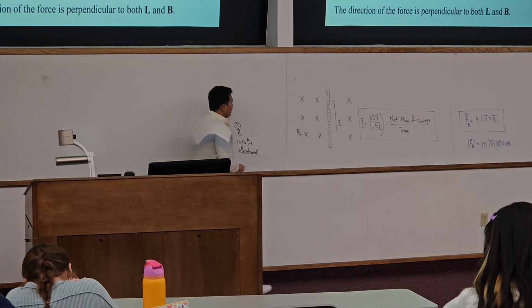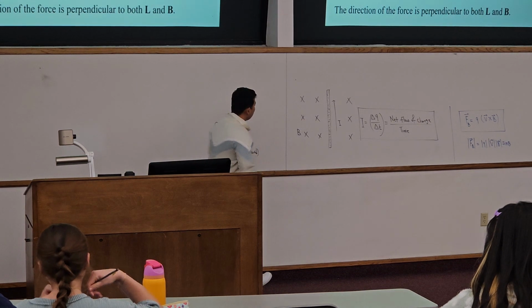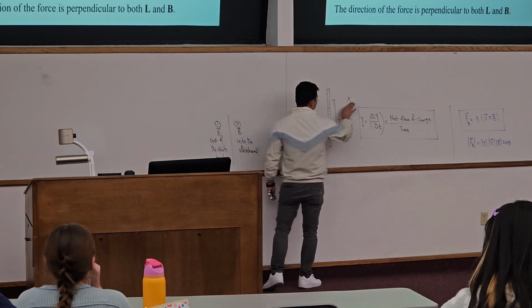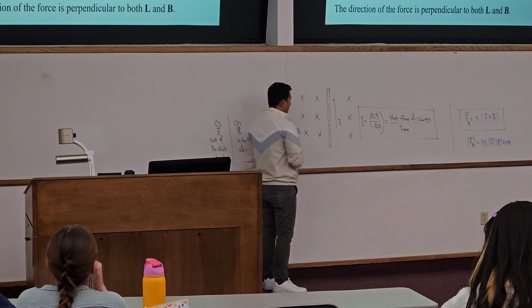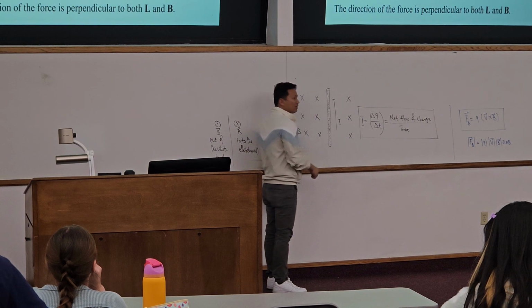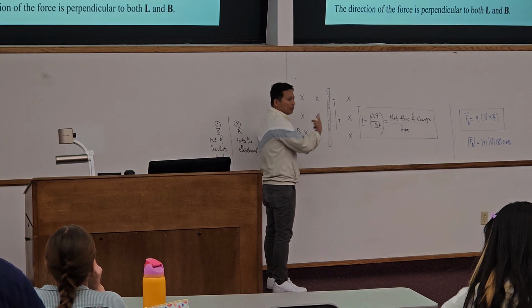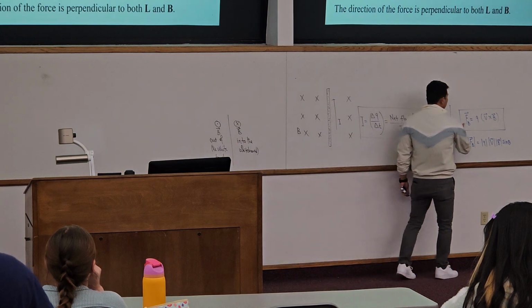Over here, you have a current carrying wire that is in the magnetic field. Magnetic field is into the whiteboard over here. Now, as I told you, if you have a current, then you have charged particles flowing.